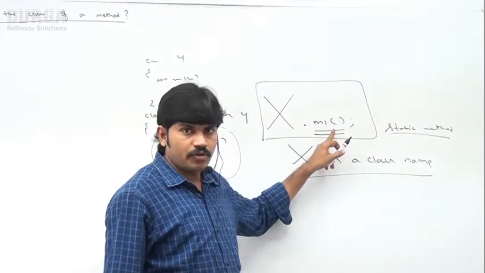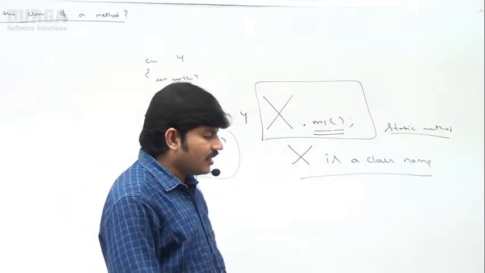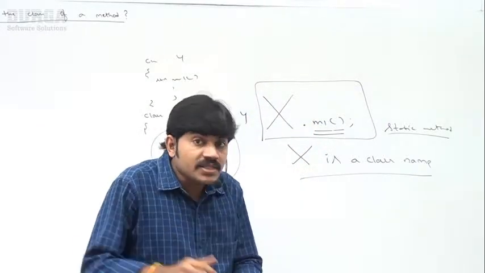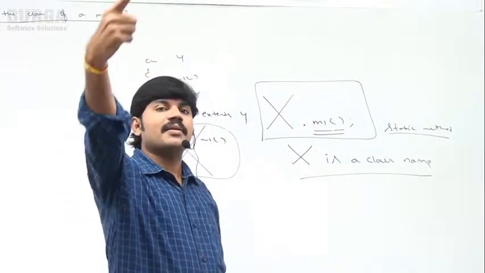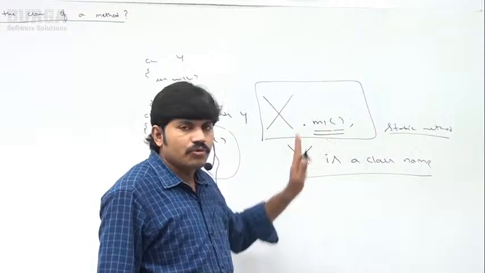Point number 1. Next, which class's m1 method are we calling? X class's static method m1. If class X doesn't contain m1, then its parent class must contain that method, and the parent class method gets the chance.